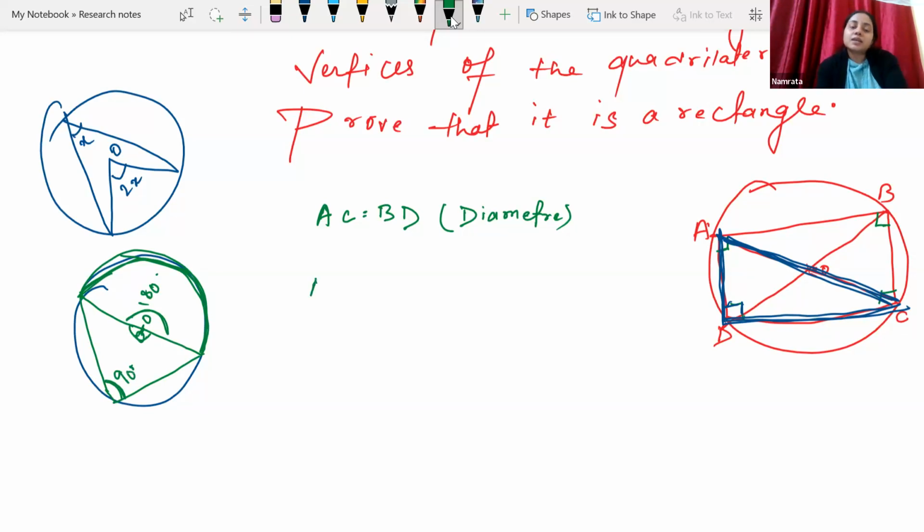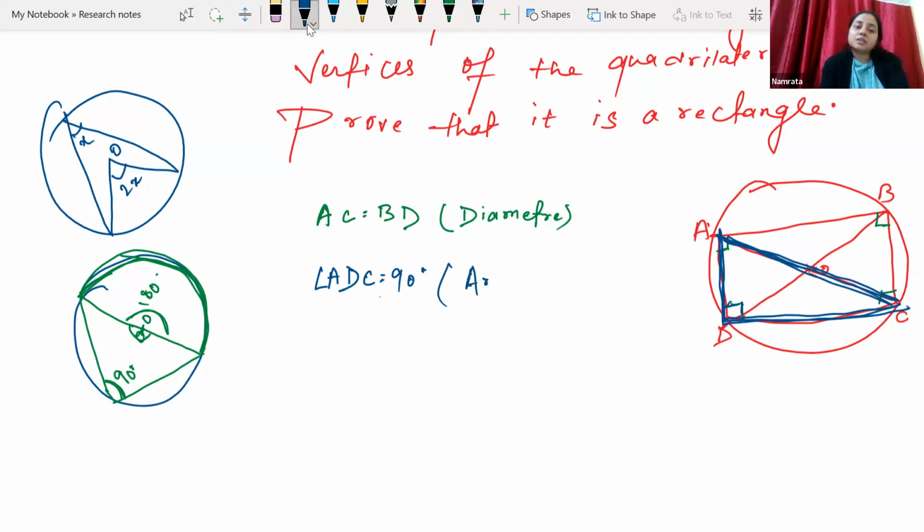So this theorem only we are applying, and we will say ABC is an arc. Or directly, rather than giving that much elaborate explanation, we will write that angle ADC equals 90 degrees. Why?